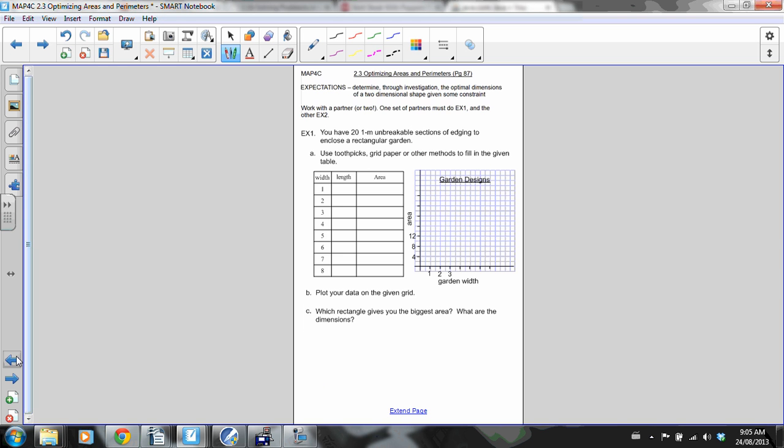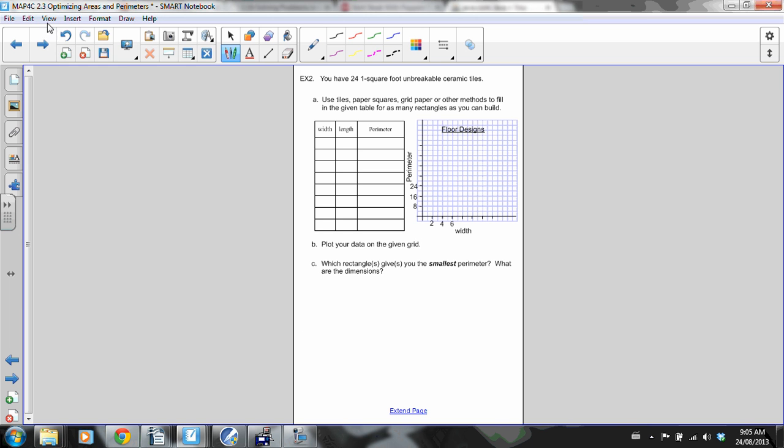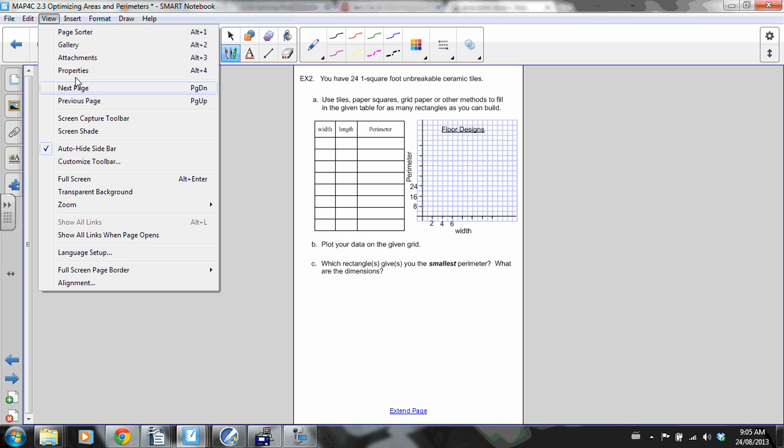So I'm going to go back to my table, put in the length of 9, and the area is 1 times 9, which is 9 units squared, and then I'm going to put that on my grid once I'm done. And then you'll go ahead and plot the data and answer the questions and so on. For the next one, I'm going to zoom in for just a second.